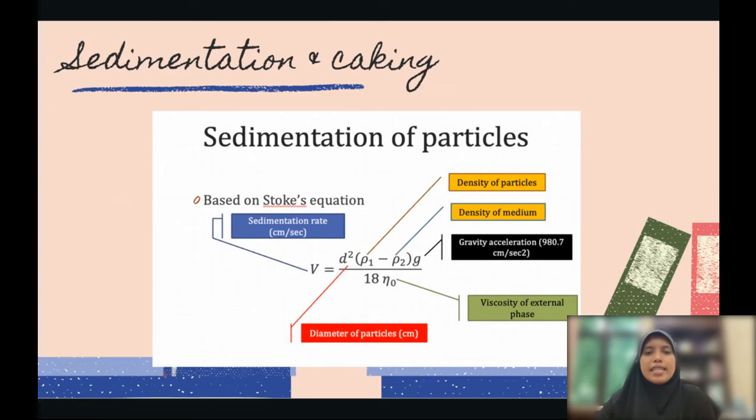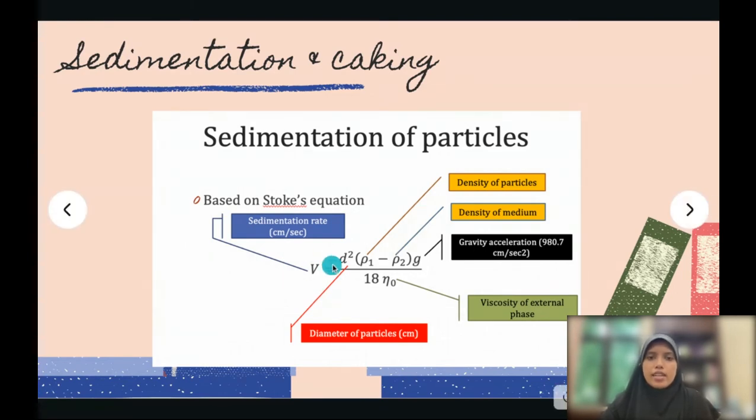Basically, the sedimentation of particles will follow Stokes' law. I won't ask you any question regarding this equation, but I want you to understand the relations between the factors described in this equation. You can see here V refers to the sedimentation rate. V will be directly influenced by the diameter of the particles. The bigger the particles, the faster the sedimentation rate.